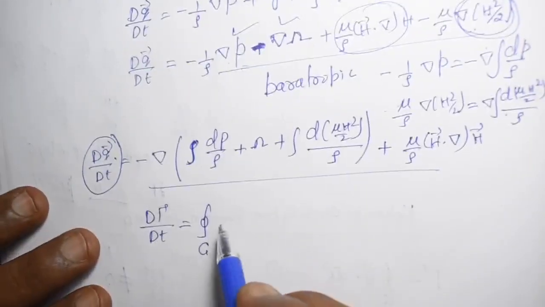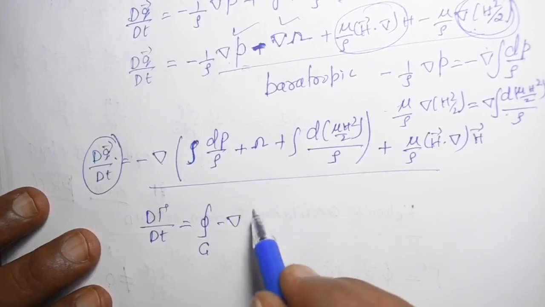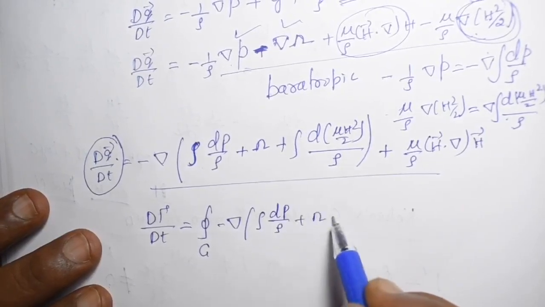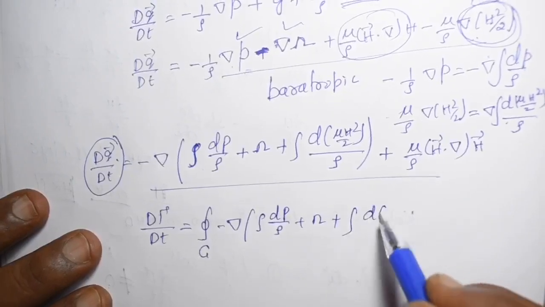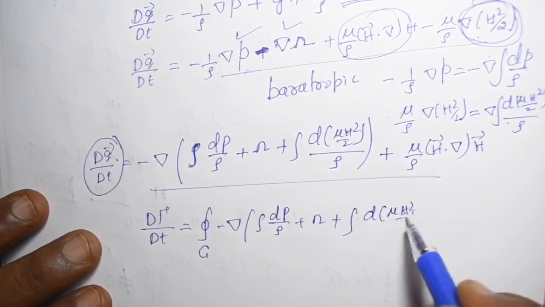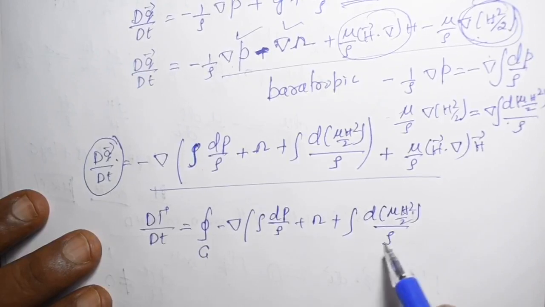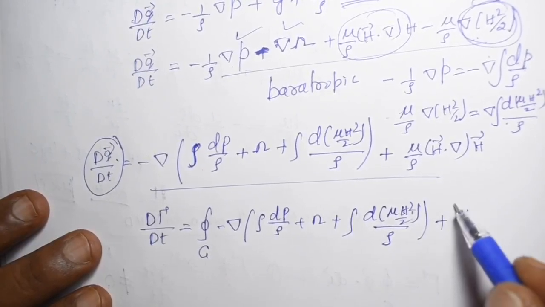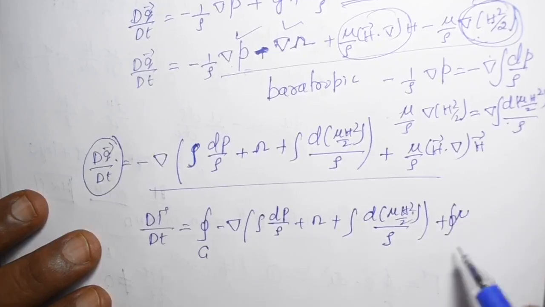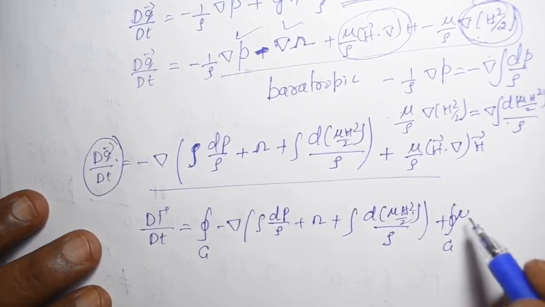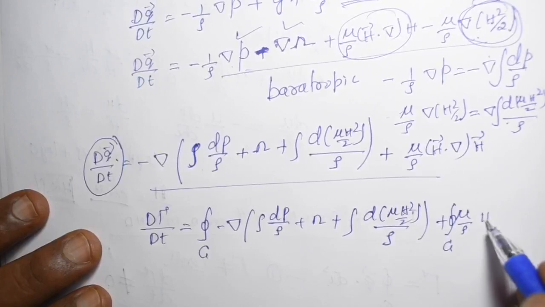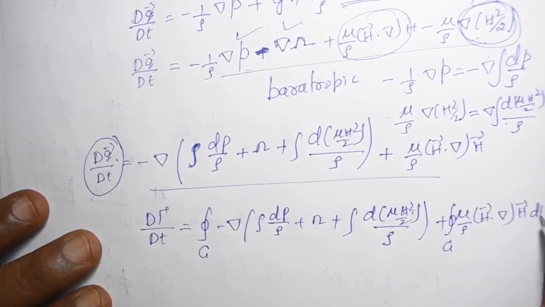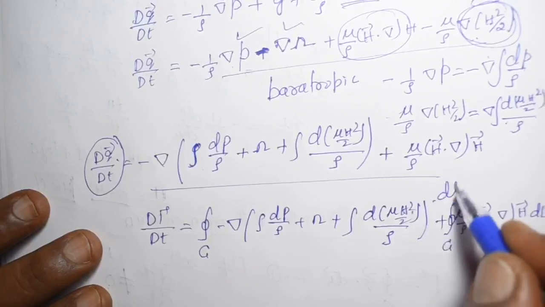We get minus gradient of the integral of dP by rho plus omega plus the integral of d of mu H square divided by 2 whole divided by rho, plus the line integral over the closed curve C of mu by rho into H dot del of H, dot dl, here also dot dl.